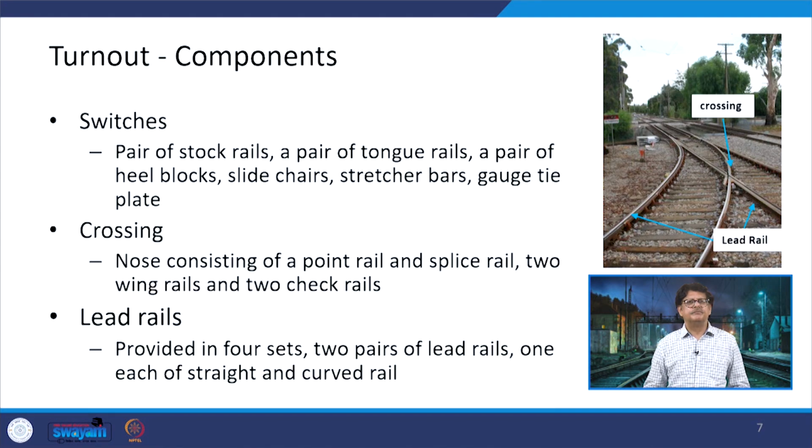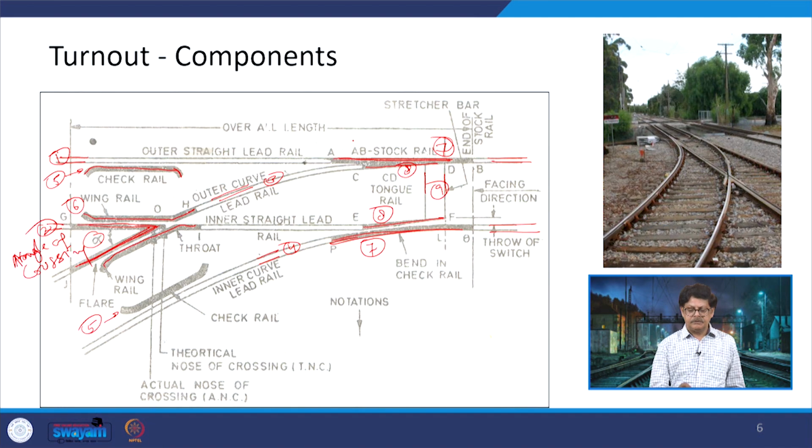Now, switches. A switch is a location where we have a pair of stock rails, a pair of tongue rails, a pair of heel blocks, the slide chairs, stretcher bars and gauge tie bars. So, here this is a section which is being defined as a switch.